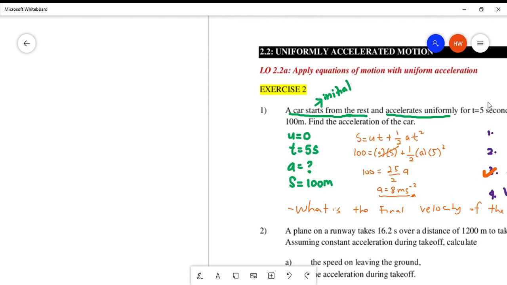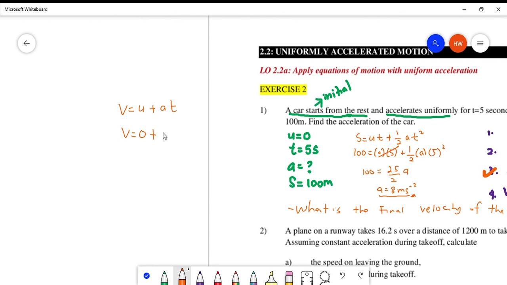Okay, betul ke 40? Kita guna equation mana? Awak guna equation mana tu? Okay, equation 1. Aduh. So, kita tengok V equals to U plus AT. So, V equals to 0 plus, okay, A kita dah cari tadi 8 darab dengan time 5. Okay, easy peasy, which is V 40 ms negative 1.